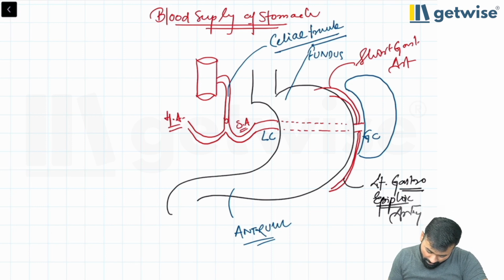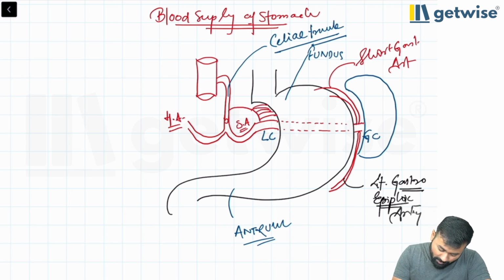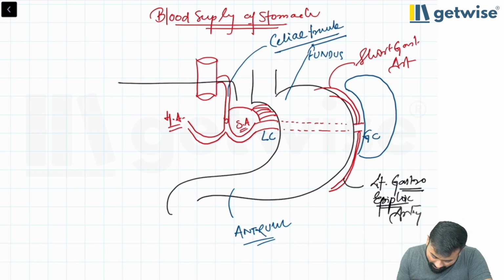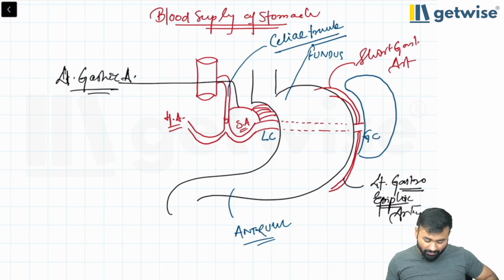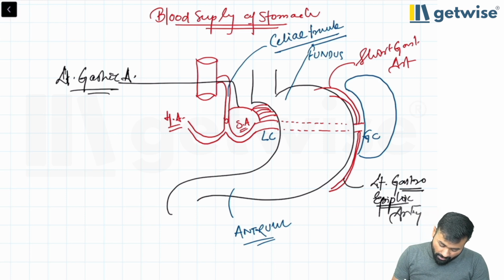Now a direct branch from the celiac trunk will supply the lesser curvature on the superior side, and this branch is called the left gastric artery.